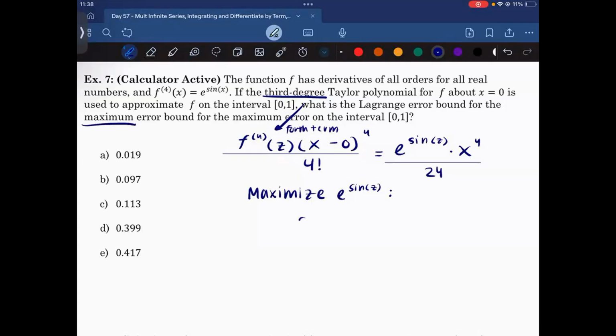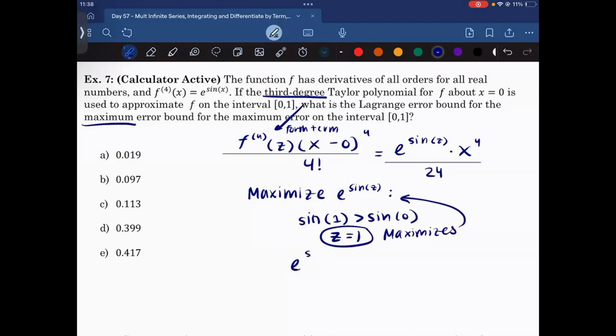With this, we have sine from 1 to 0. Obviously, we know that sine of 1 is going to be greater than sine of 0, which, whatever it is, doesn't really matter, because the greatest term we want is going to be this. This is our maximum. Right? Biggest, biggest, biggest. And then this would be a calculator question.